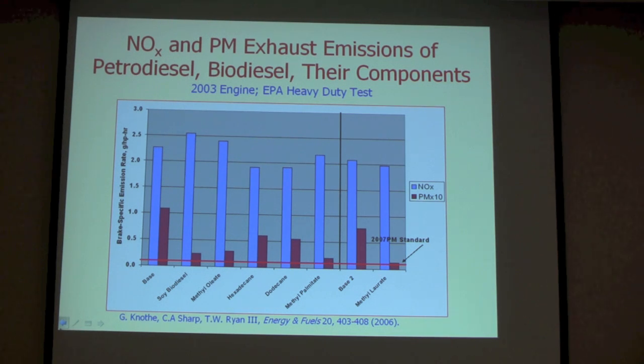I mentioned that we had also done some work in conjunction with Southwest Research Institute, and tested some technical grade methyl oleate. It was not really pure stuff, it was about 77% pure.